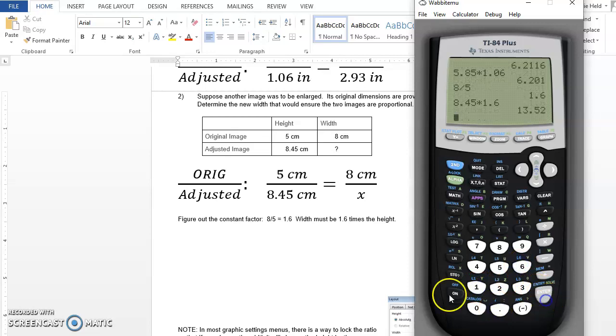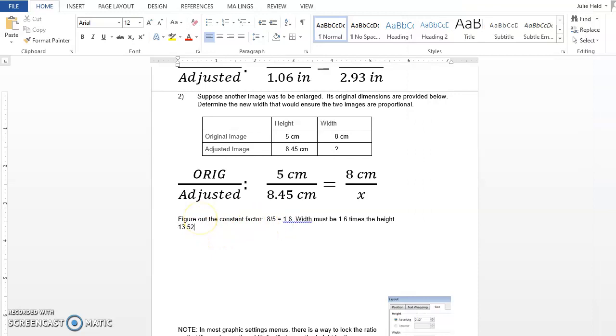We did this kind of idea back in Module 2. 13.52 would be the measurement that I need, and it needs to still be in centimeters. So the new width would be 13.52. How did I get that? Remember, I did 8.45 times 1.6.